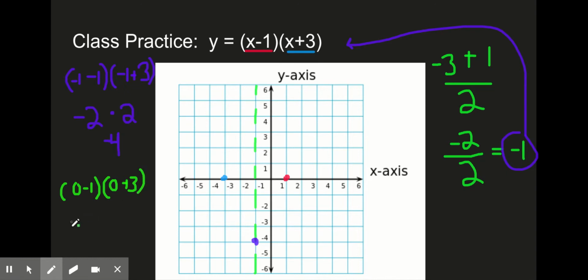So that's -1 times 3, -3. And just like my x-intercepts are perfectly mirrored, well, that point's going to be mirrored as well. And now I'm good to complete my parabola. So that right there is graphing with intercept form.